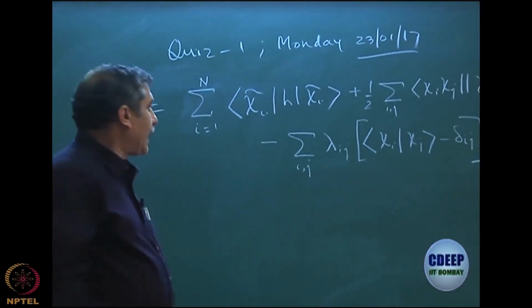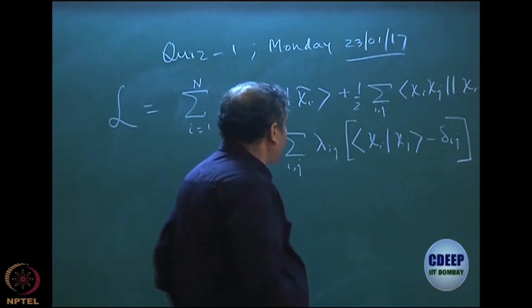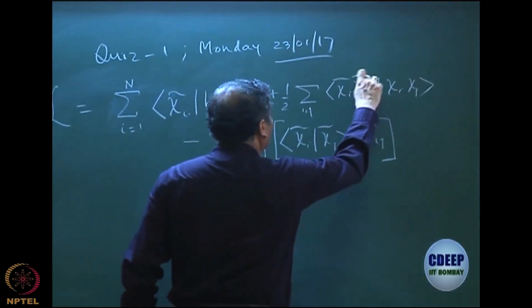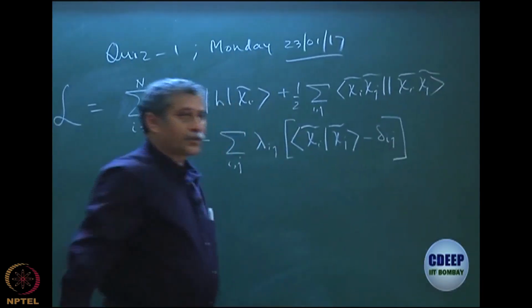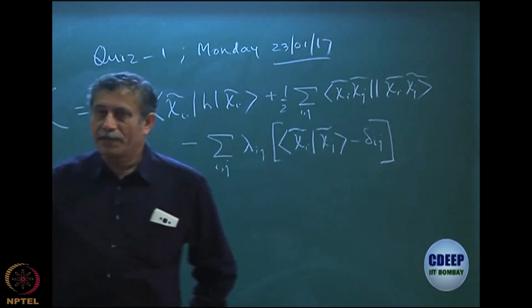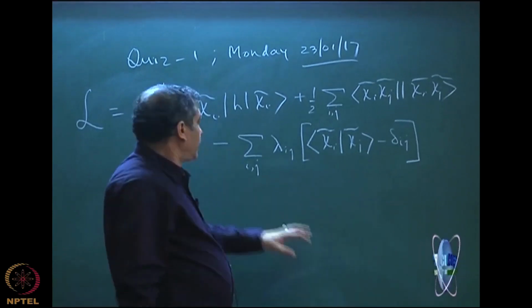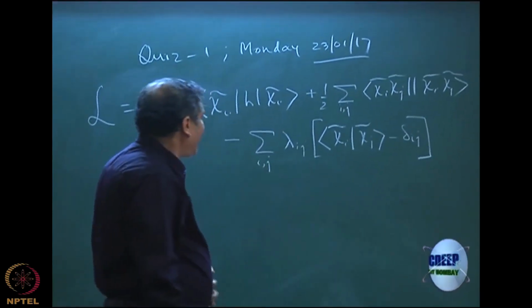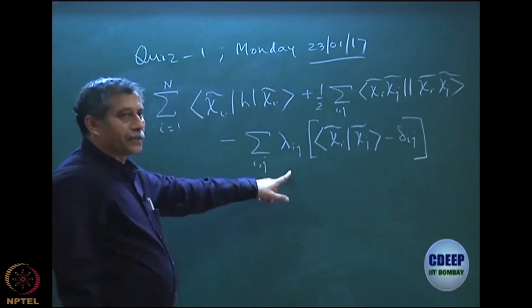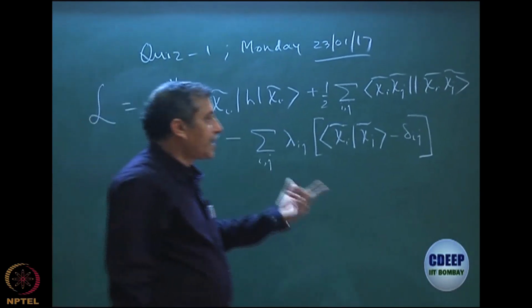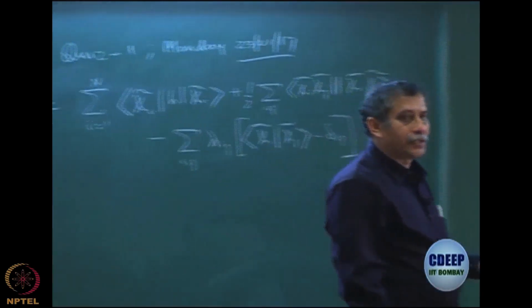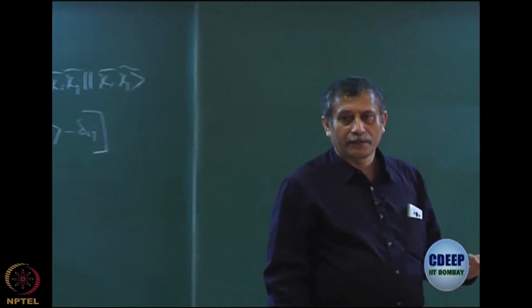So that is your Lagrangian. We have n square set of equations; just for correctness I should put tilde everywhere. The overlap of chi i tilde and chi j tilde is delta ij, and we have a Lagrange multiplier for each of them. The Lagrange multiplier idea is that for every condition you put one multiplier.